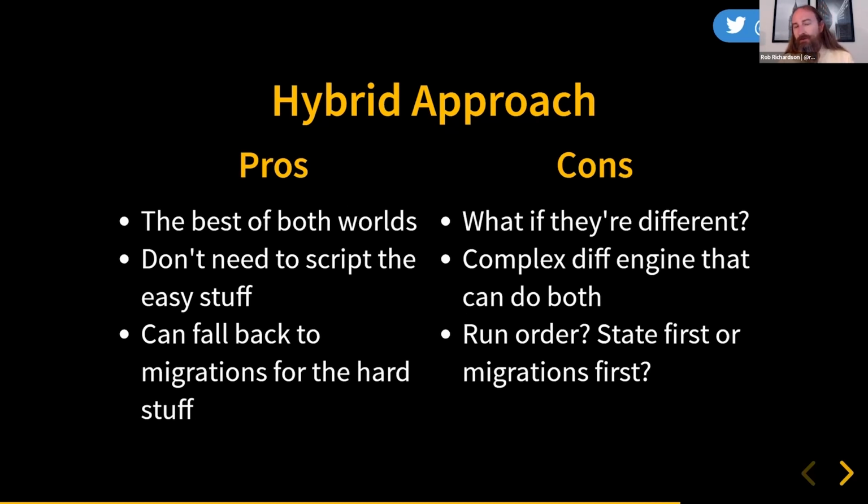Should we run the migrations first and then the create scripts? Or should we do the diff first and then run the migrations to clean up after it? With a hybrid approach, we can fall back to the migrations for the hard stuff, but what if the end state is different? What if this migration doesn't fit? Yeah, maybe the hybrid approach is perfect, or maybe it's just super complex.